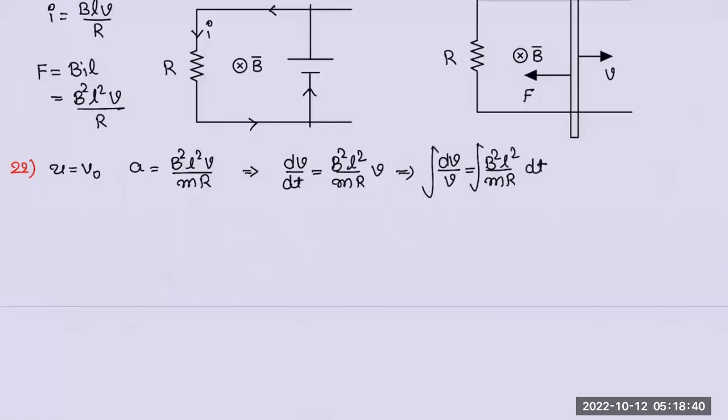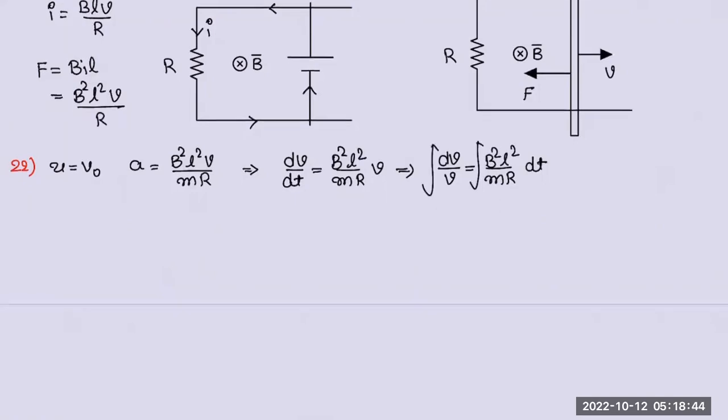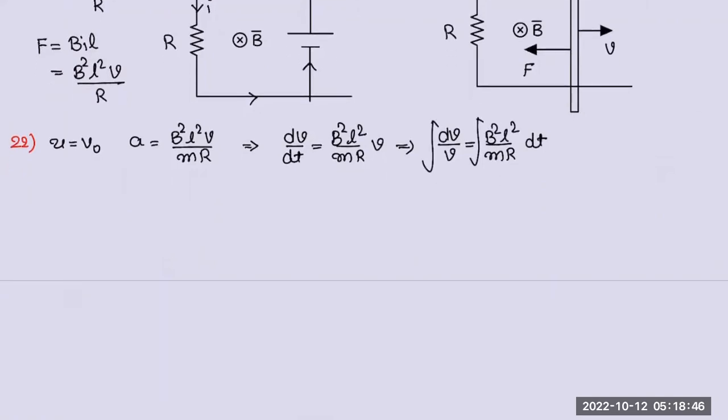If you integrate, the integral of dv by v is ln v, equal to B square, L square, m, R, everything is constant here. Integral dt is equal to t. It changes from V naught to v.